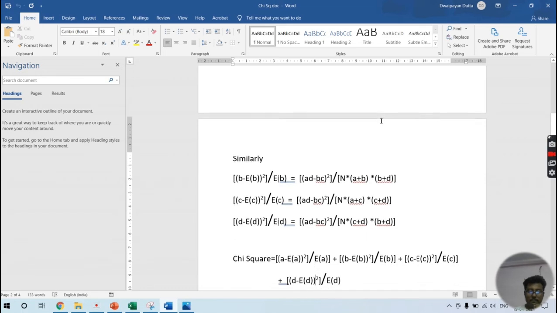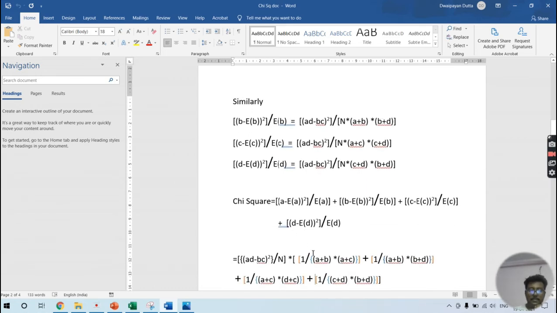So this is the thing. See, I have kept this in third bracket and then these two are in second bracket, and the color coding I have kept similar so that it helps you to understand better. Then it goes on similarly for E of B also. See, (B minus E of B) whole square divided by E of B. What we get is this one.